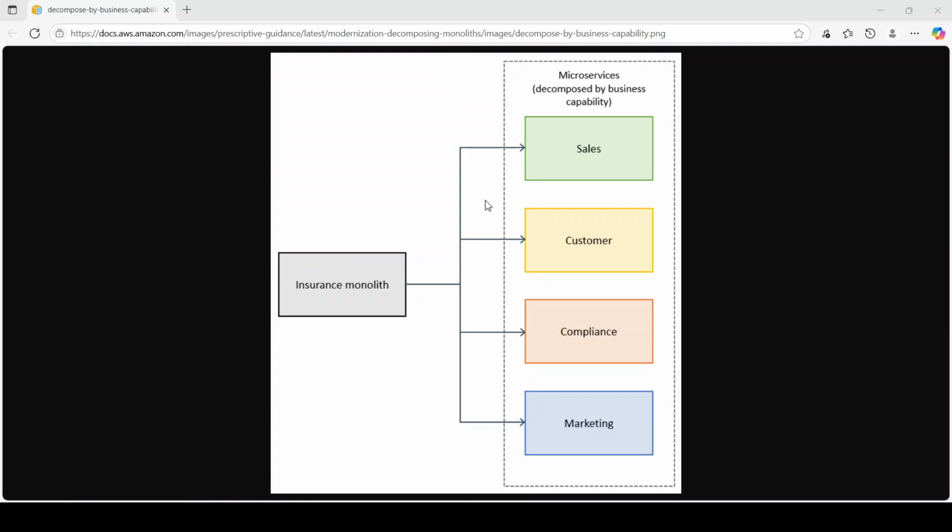Secondly, domain modeling, meaning creating a clear boundary for each of those business functions. And thirdly, service development, which means we'll build each capability as an independent microservice with its own database.